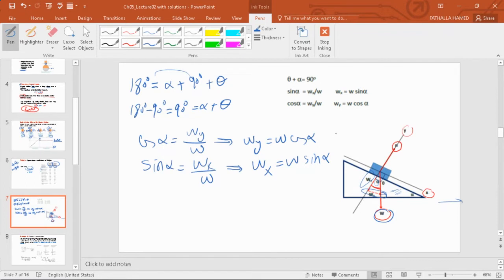And that's why we have the y component of the weight here is w cosine alpha, and wx here is equal to w sine alpha. I just wanted to clarify this point before I move on. Okay, is this clear?